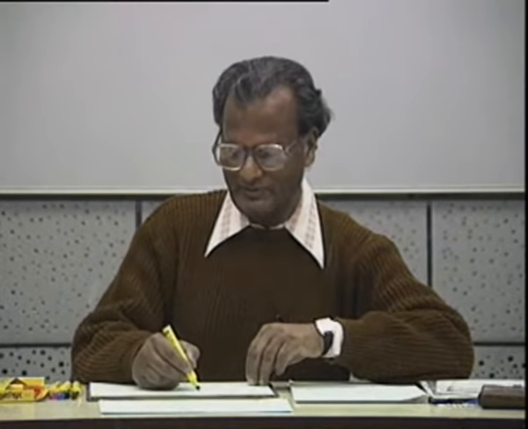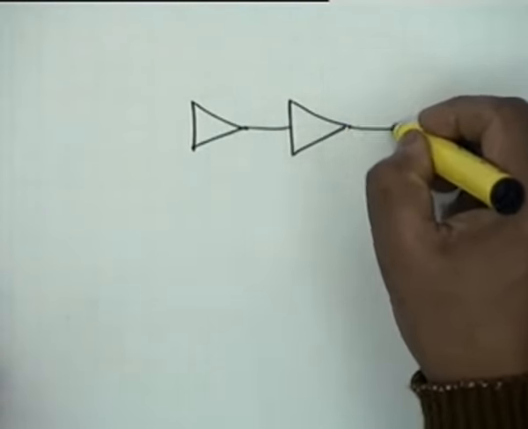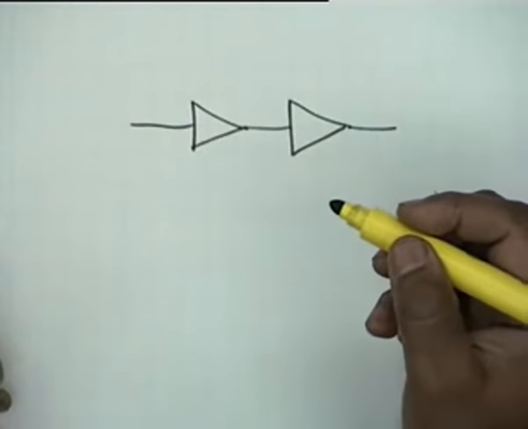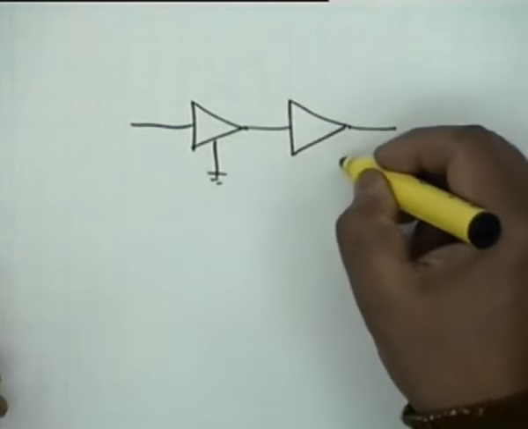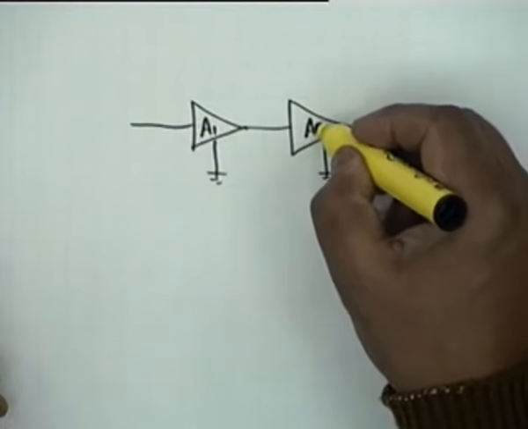We consider two amplifiers. This is the symbol for an amplifier, you must have noted by now. Two amplifiers which are identical, let's say A1 and A2.